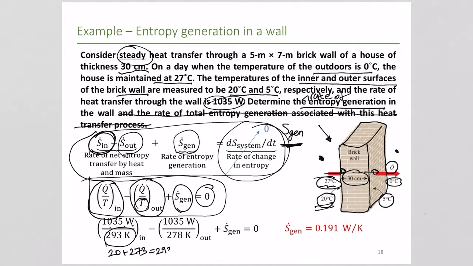Don't forget to use the Kelvin scale here. The same, minus Q dot, 1035 watts over now 5 plus 273, 278 Kelvin. Plus the rate of entropy generation, and is equal to 0.